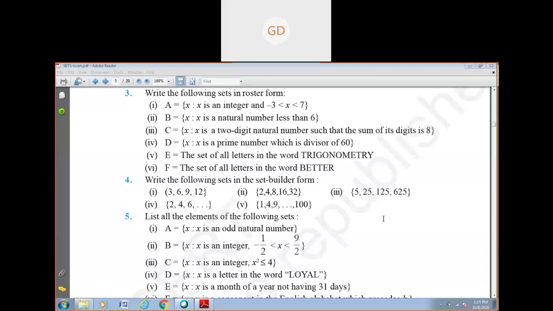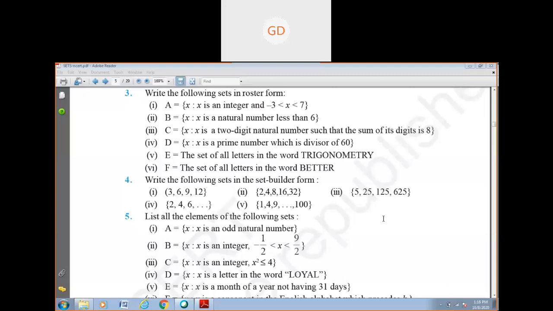Before writing the set builder form of a set, we have to observe very carefully the behavior of the elements. What kind of elements are there? What particular pattern or numerical properties are maintained in the sequence of the elements?